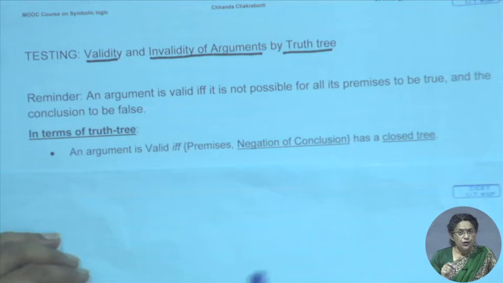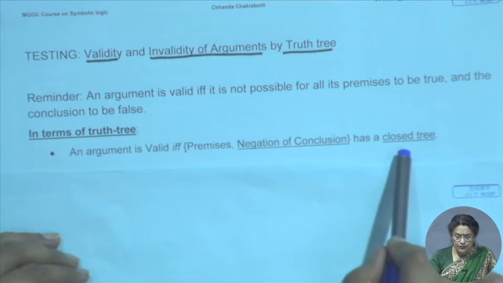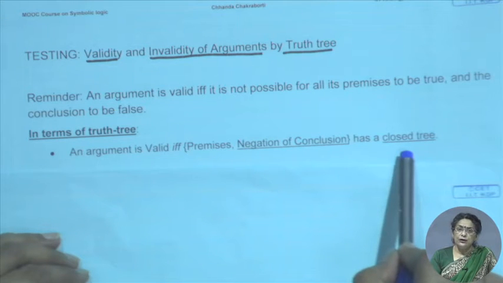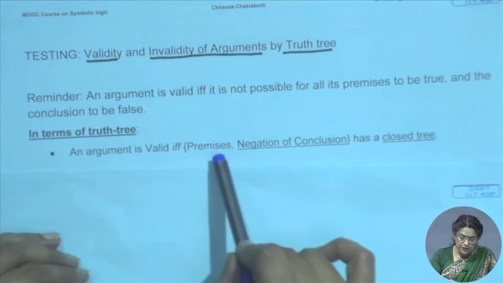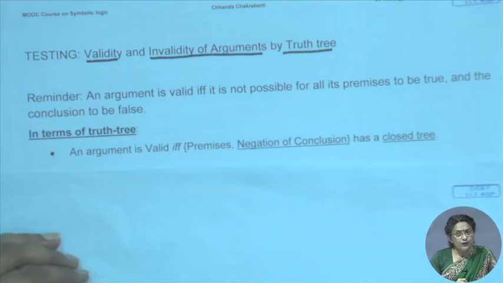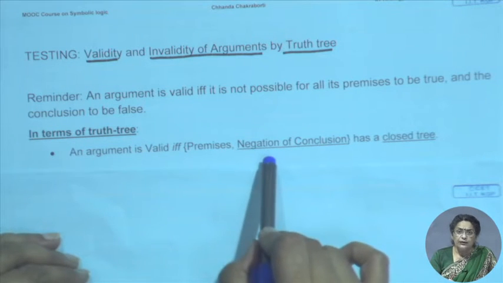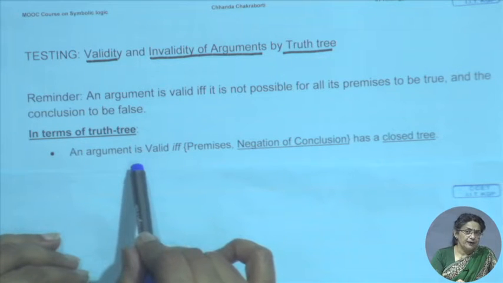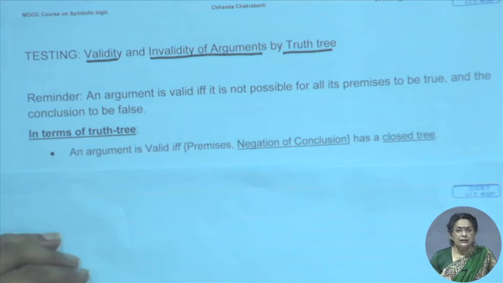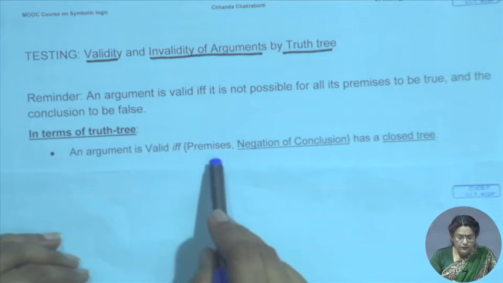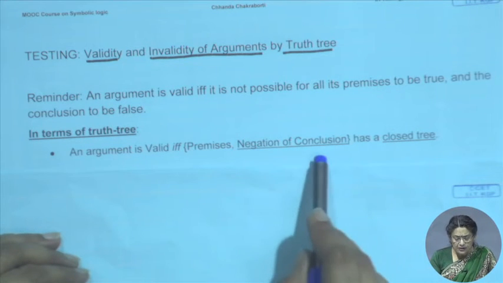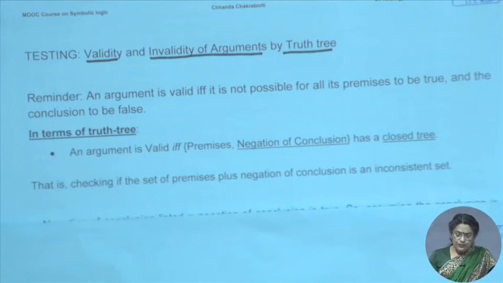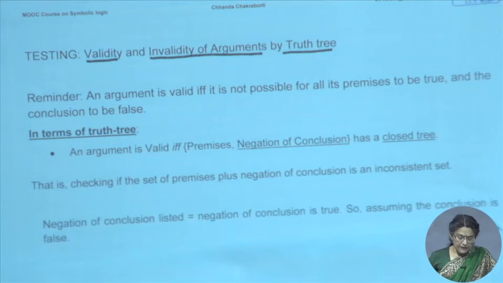If that is not consistent, then you are going to have a closed tree, which means that there will not be even one situation when the premises are true and the conclusion will be false, which is exactly what we need to establish that the argument is valid. If it is invalid, there will be at least one occasion when the truth of the premises and the falsity of the conclusion will be consistent. Okay. So, this is going to be our modus operandi for this.